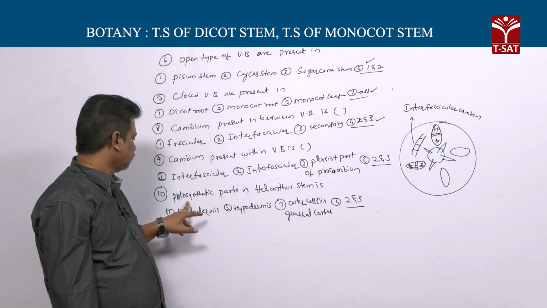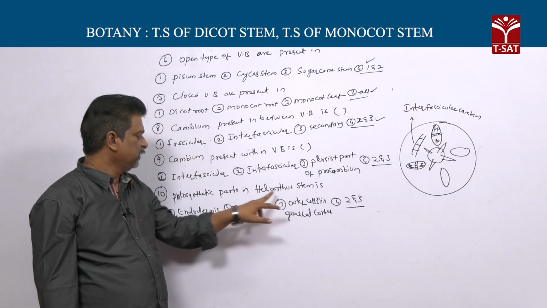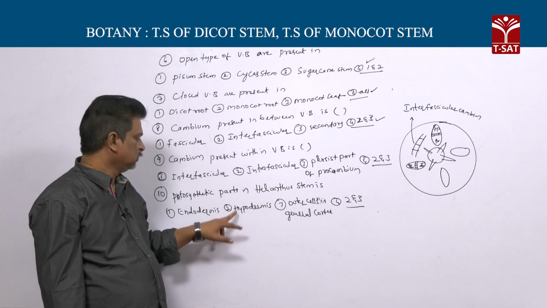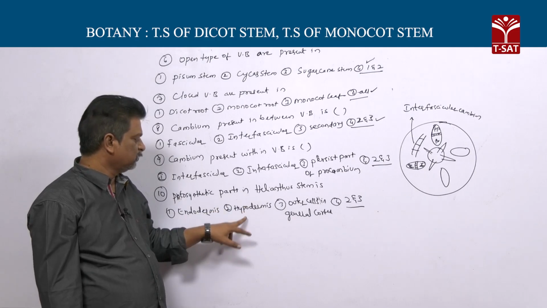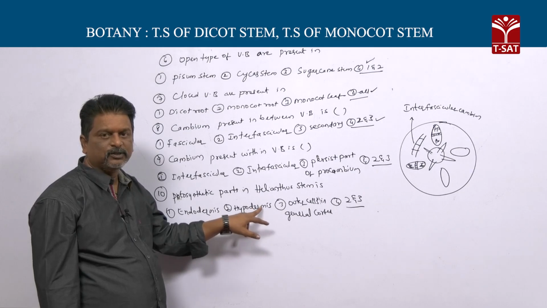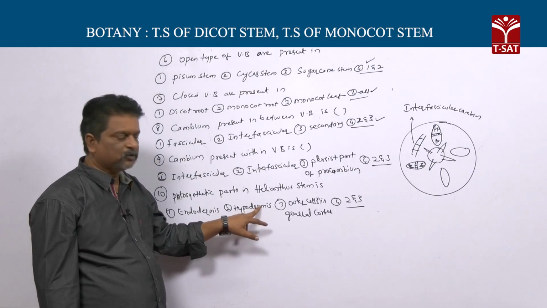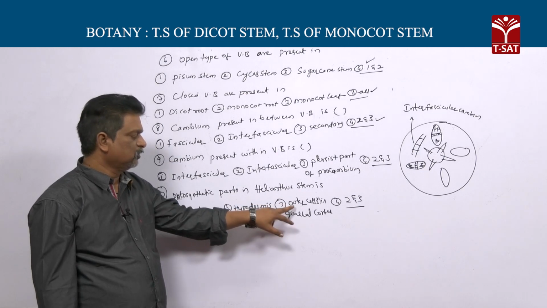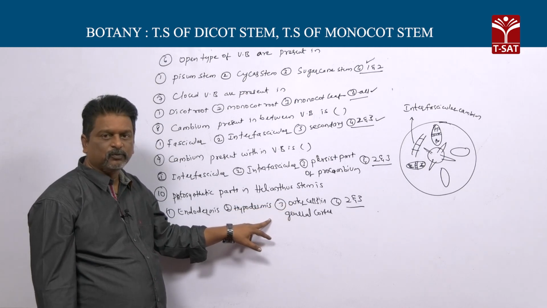Next question, photosynthetic parts in helianthus stem. In helianthus stem, which part contains chloroplast? Hypodermis is collenchymatous, so it contains chloroplast. Then outer cells in the general cortex contain chloroplast.